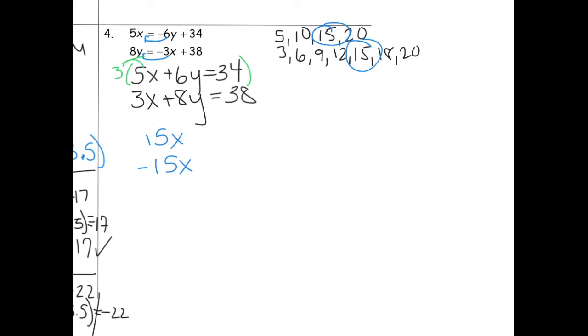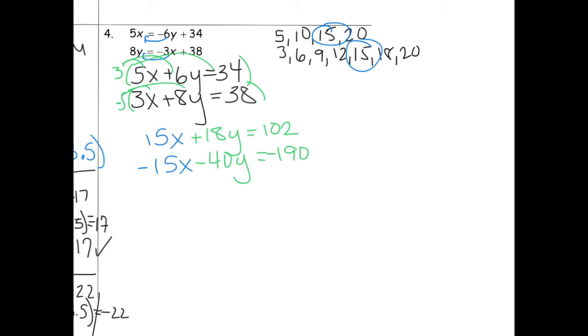3. So this is going to be 15x plus 18y is equal to 3 times 34, which happens to be 102. And now if I want the x to be negative 15x, I'm going to multiply that by a negative 5. So that's going to be negative 15x minus 40y is equal to negative 190.